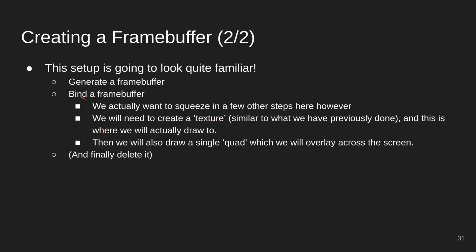And we're also going to do something that's a little bit weird or feels like magic, but we're going to draw a single quad, which we're going to overlay over the screen. So from now on, we're not even going to draw our geometry out to the scene. We're just going to draw into a texture and then render that texture on top of a quad. Okay, so that's what's going to be going on here.